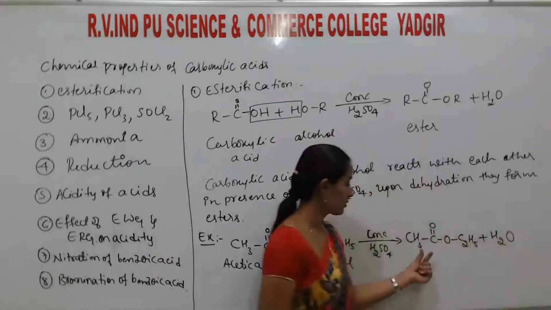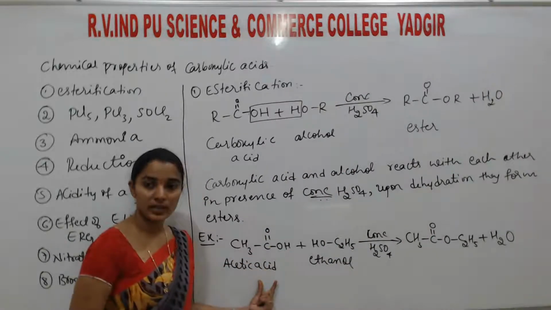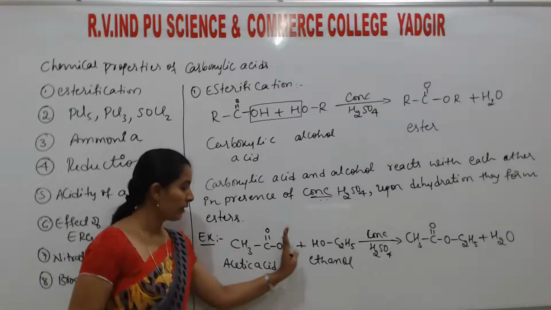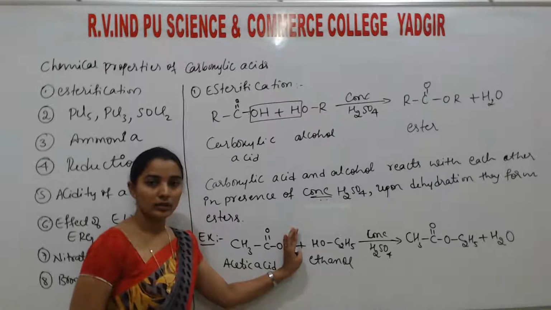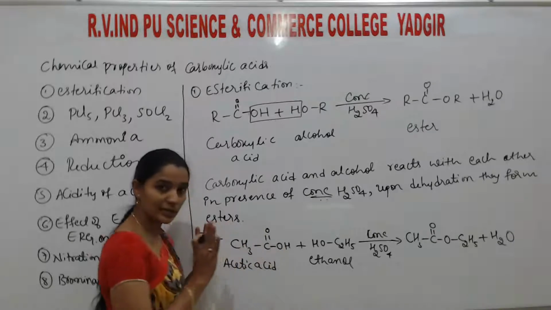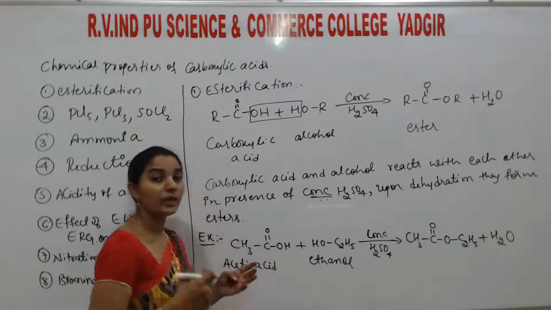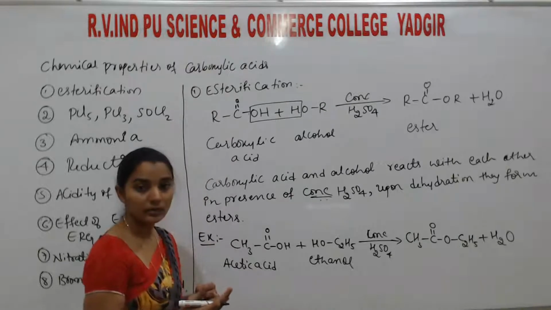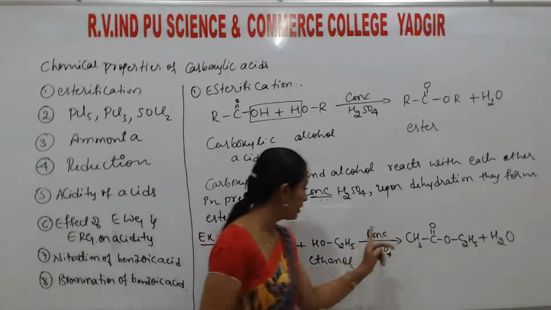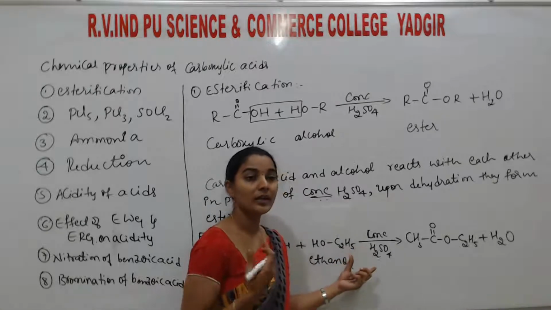So what is the name of this compound? Listen, CH3COOH is acetic acid. If H is removed, it becomes acetate. So this H is replaced by this C2H5 group, which is called ethyl.